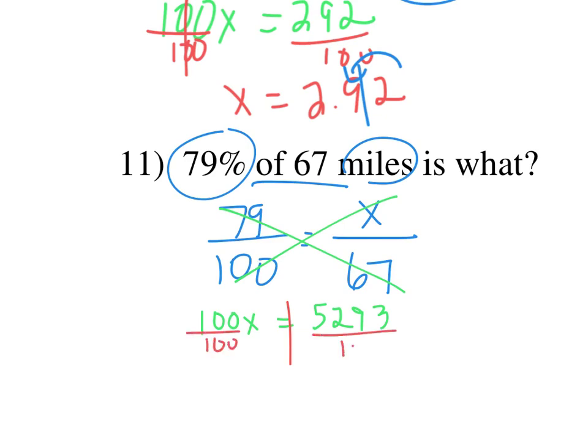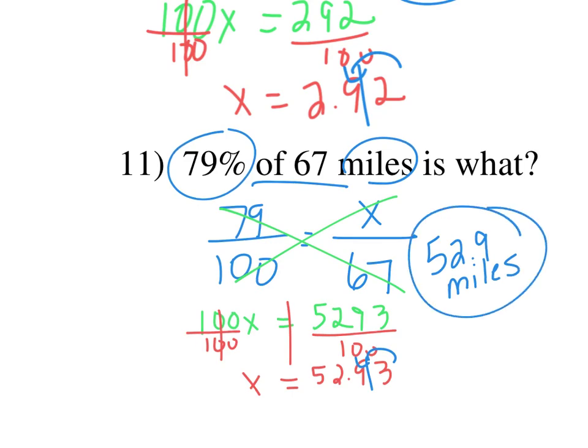Divide by 100, divide by 100. X, or the miles, is 52.93. And to round to the tenths, 3 doesn't change it, so 52.9 miles.